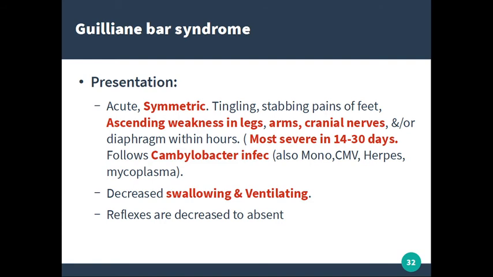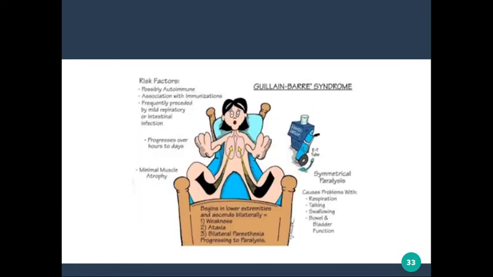Patients with Guillain-Barre syndrome are at risk because they have decreased swallowing and they might require ventilation. Reflexes are decreased or absent, as it can also affect the respiratory system. Okay? It is a neuropathy affecting the muscles, therefore the reflexes are going to be decreased.